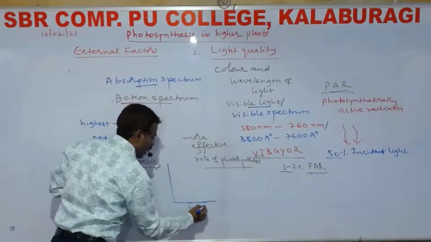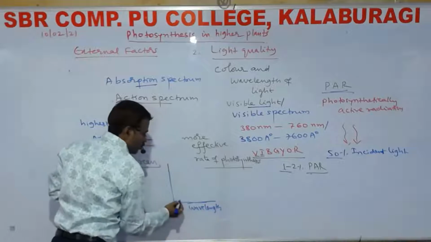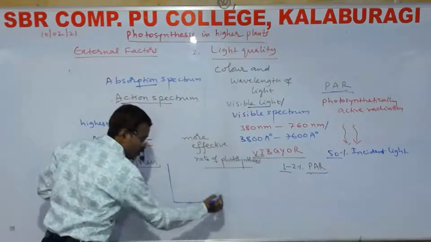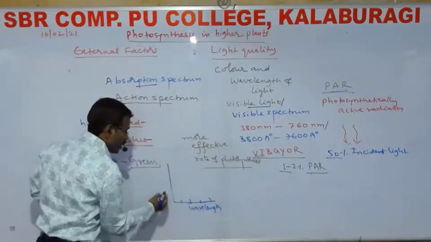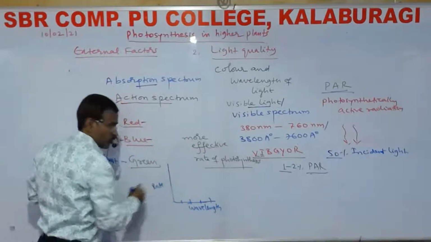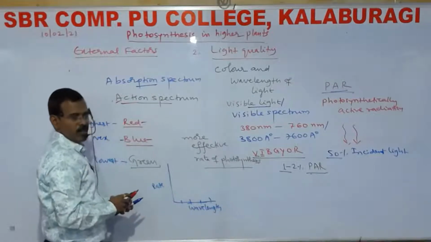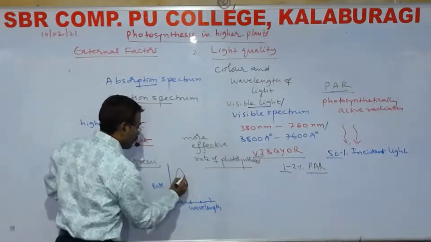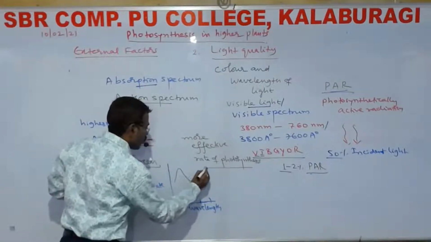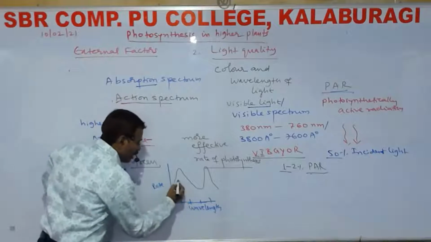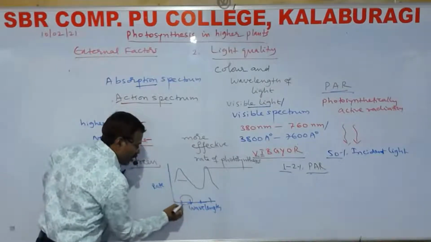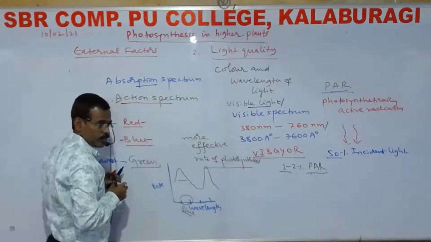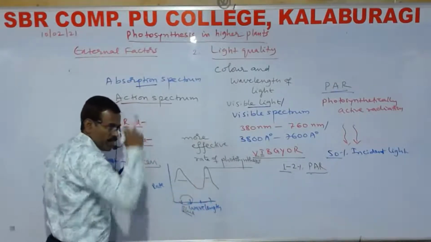Here, the wavelength of light, 400, 500, 600, 700 nanometers, is represented. Here, the rate of photosynthesis. So what we got is 2 peaks when we represented that graph. One peak like this, and another one like this. Here you have the peak that comprises the blue wavelength of light, and here you have another peak. 2 peaks you can see.